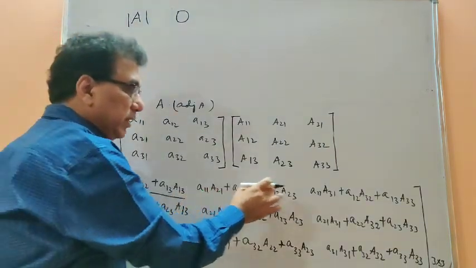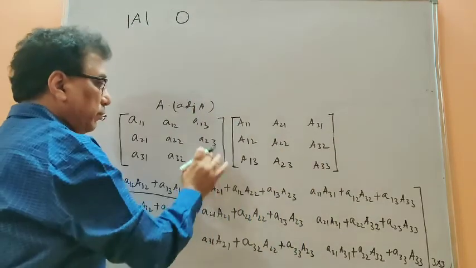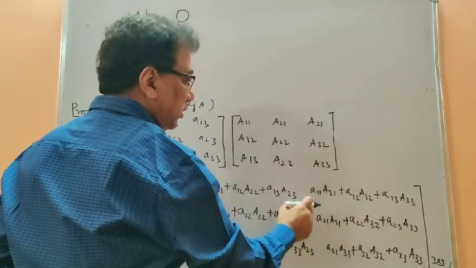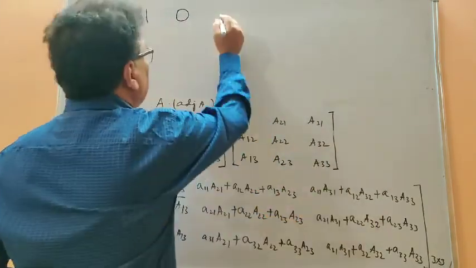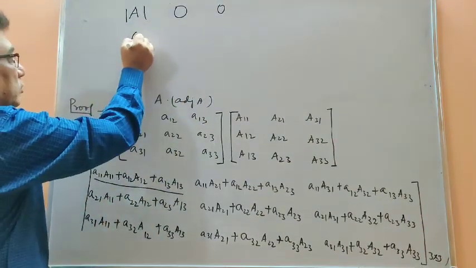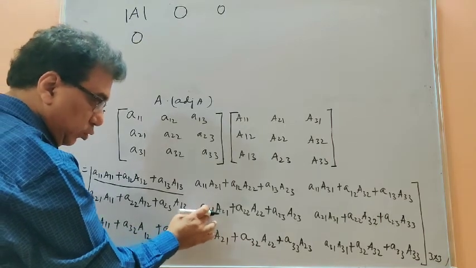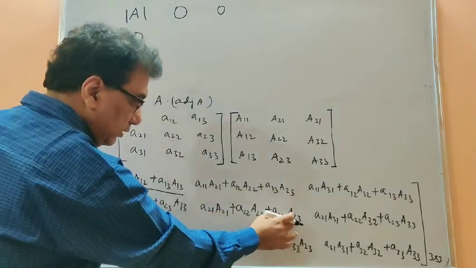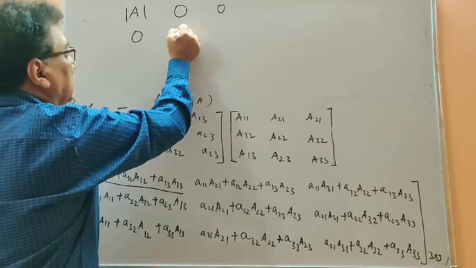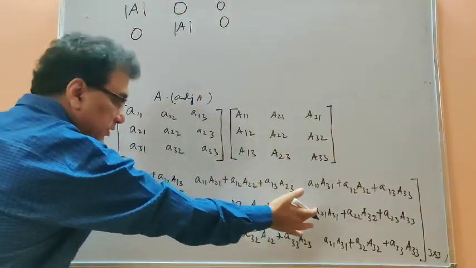Similarly here, the elements belong to first row, but the cofactors belong to third row. So this product will also be 0. Similarly here this is 0. Again we find that the elements and cofactors match, 21 with 21, 22 with 22, 23 with 23. So this is going to be the determinant, and as above the other will be 0.